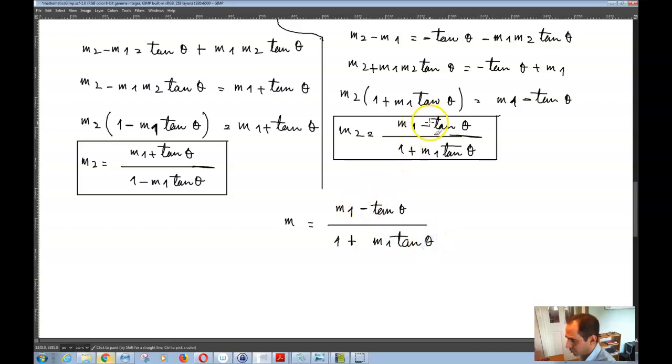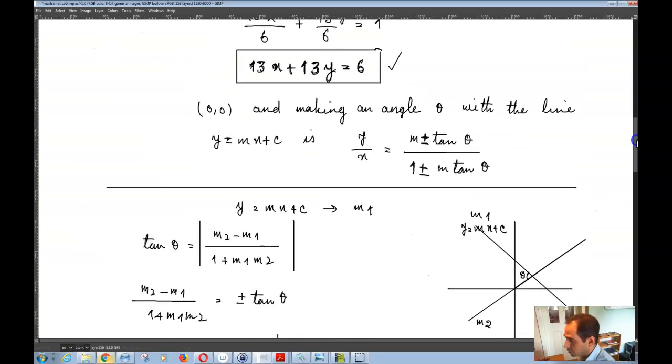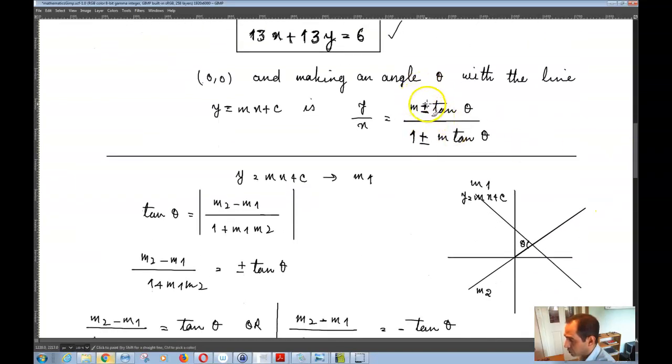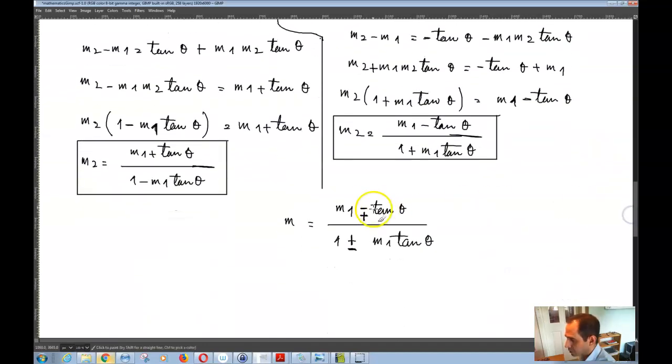If you have a negative, you have a positive, and if you have a positive, you have a negative over here. So what I wrote up here is actually not correct. This is not simply plus or minus. It's negative positive, or minus plus, plus minus.